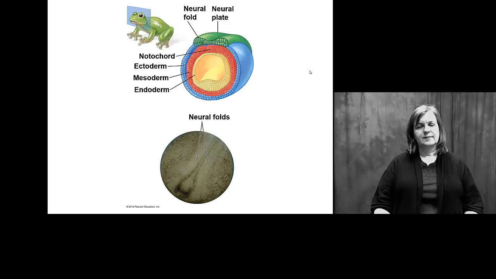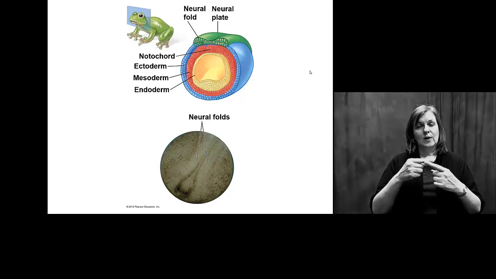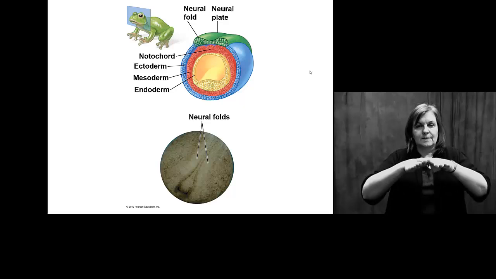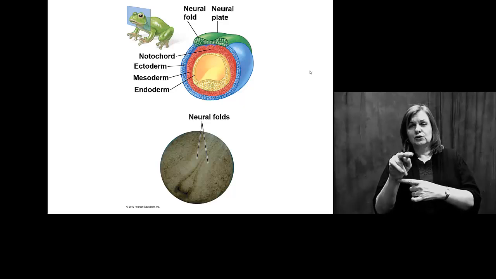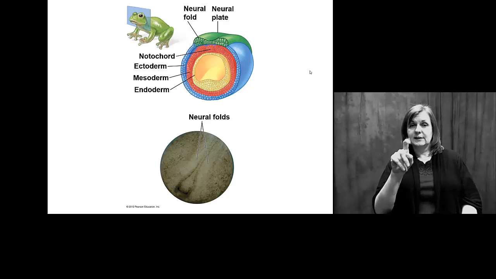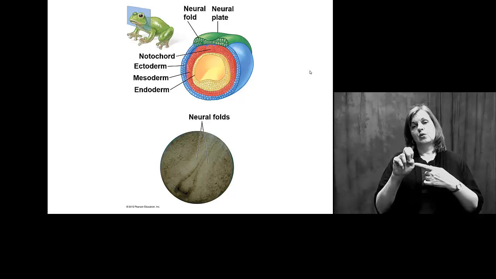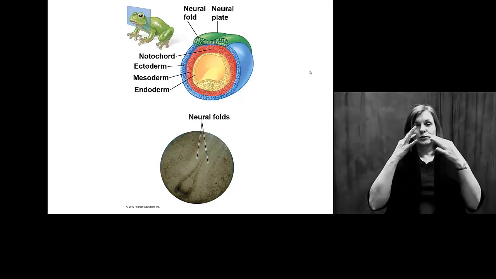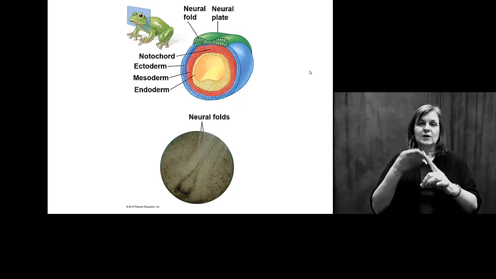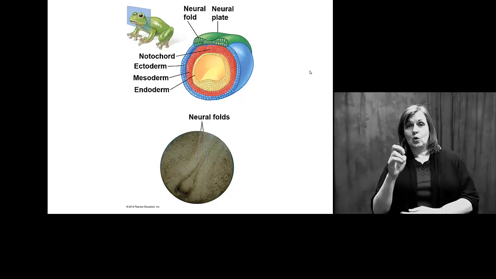This folding in that occurs forms the neural tube and the neural plate. These neural plates will actually guide the direction of the formation of the notochord for us.